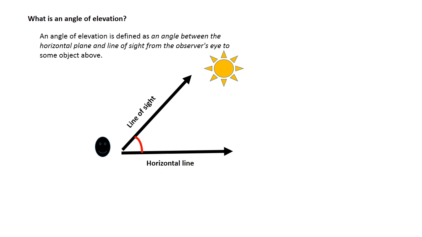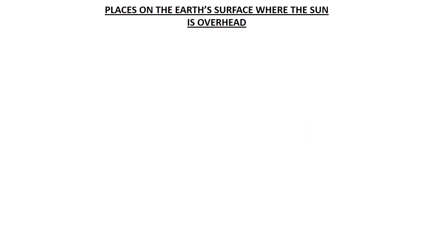This is the horizontal line, usually our ground, and this is the angle of elevation in between. That's the angle we'll try to calculate when the sun is overhead. So let's get right in.